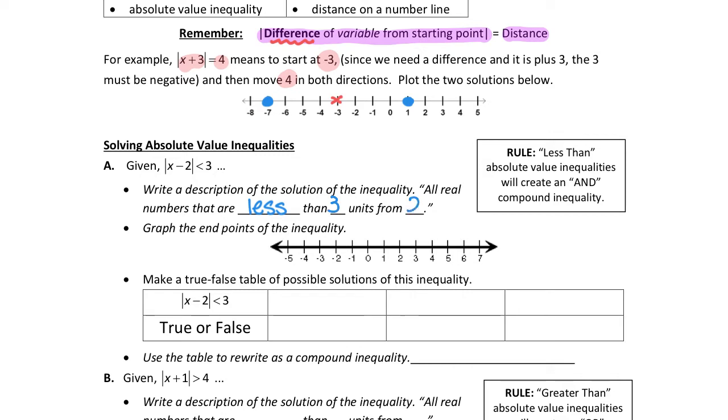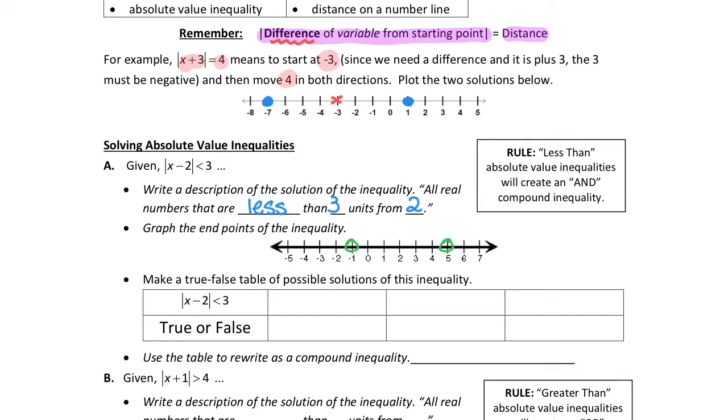So if we graph the endpoints, let's do what we did above. If I start at 2, when I move to the right, I end up at 5. I'm going to have an open circle here because there's no equal sign. When I move to the left, I end up at -1 with an open circle.